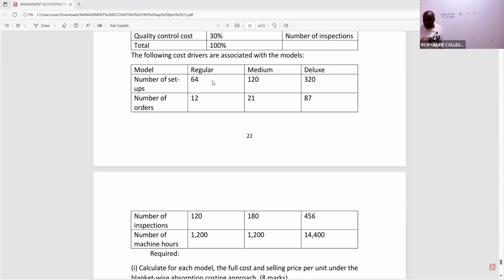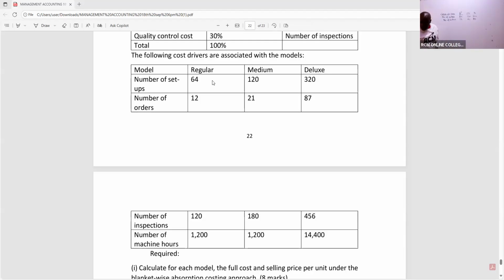We have there 64, 120, and 320. After number of setups, the next one is number of orders. I can see they are 12, 21, 87.